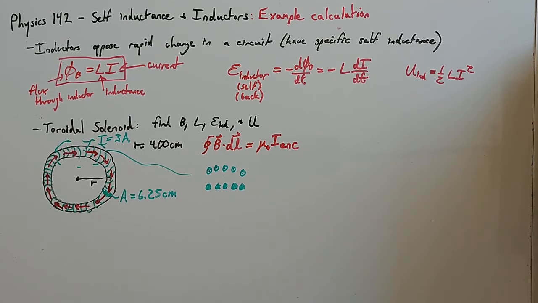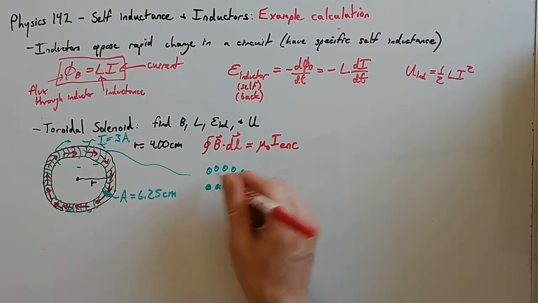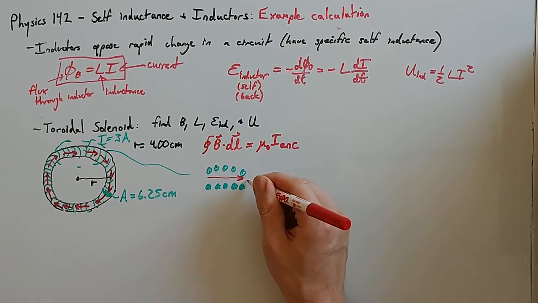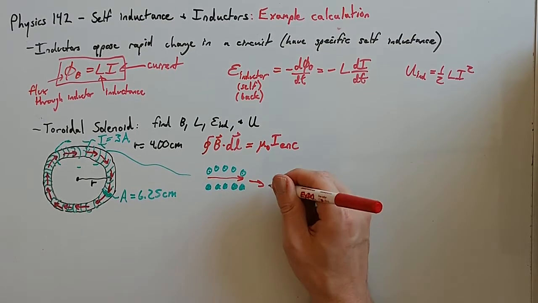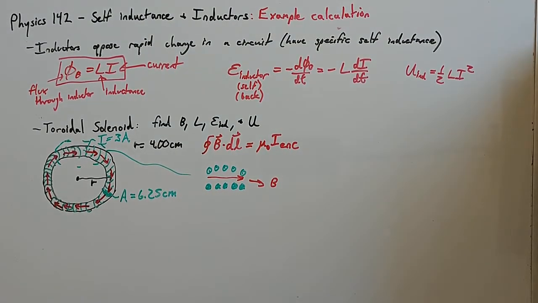So if I want to think about where the magnetic field is, the magnetic field is in between this. The magnetic field is in here. So there's my magnetic field B. How then am I going to actually figure out what B is?